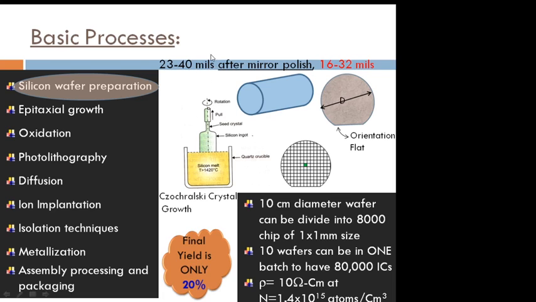As I told last time also, 1 mil is a thousandth part of an inch, that means 1 inch divided by 1000. Since the inch is not a common unit, if I convert it into centimeters, it is 2.54 centimeters divided by 1000, and therefore it is roughly 25 micron.